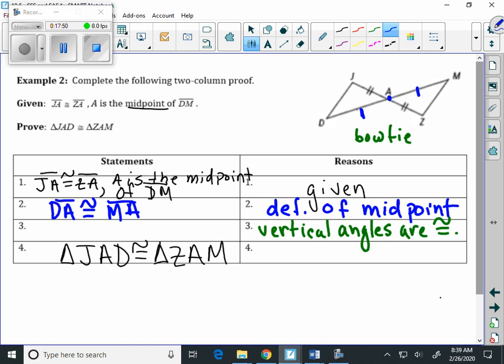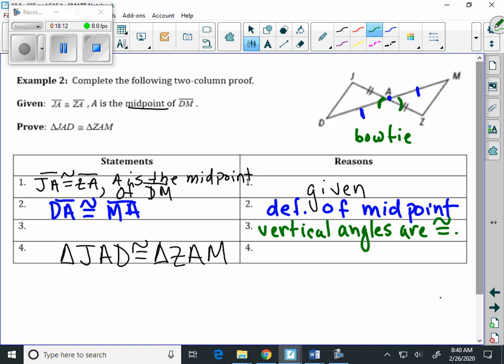So right now we've got 2 sides. We've got the blue side and we've got the 2 tick marks that are marked in already. And then we get down to statement 3, and statement 3 says vertical angles are congruent. Well, let's mark up our vertical angles here and here.